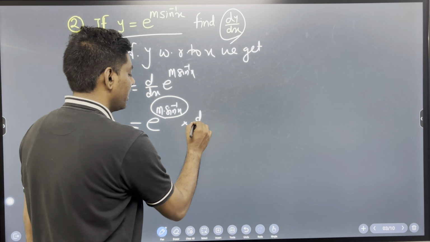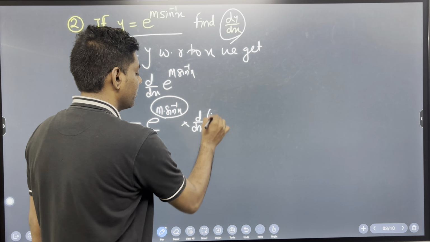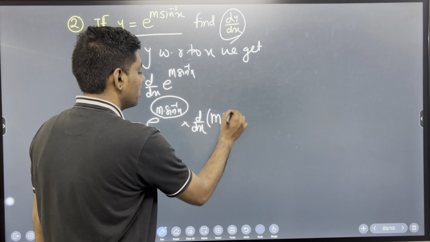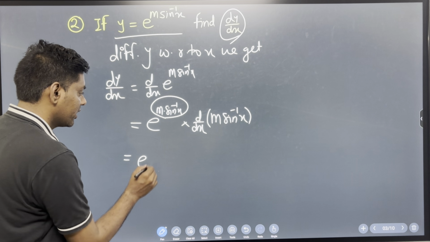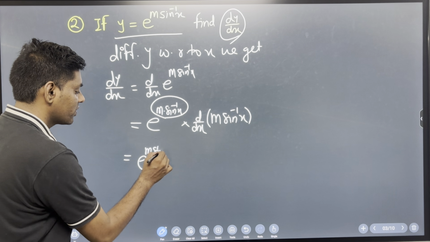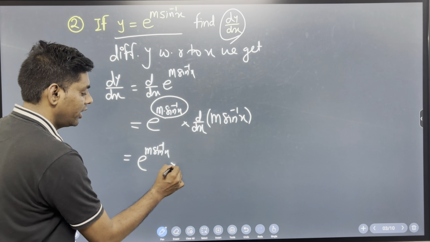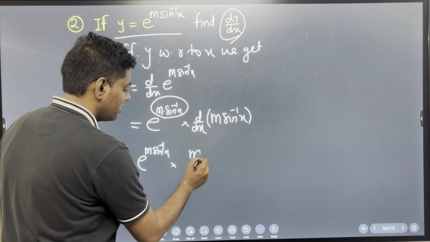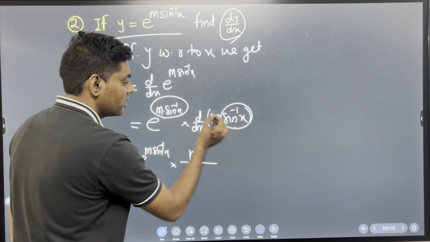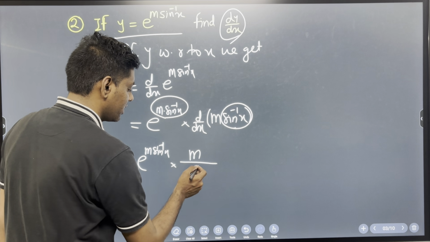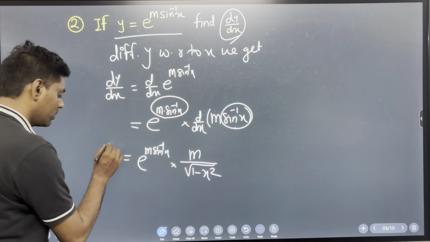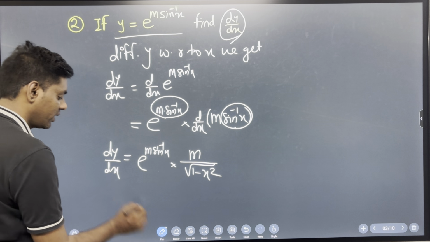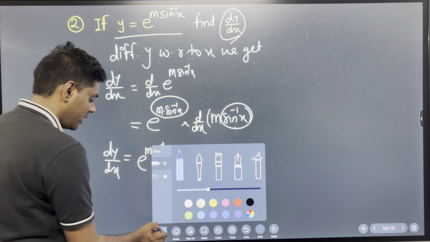What is the derivative of m into sine inverse x? m is a constant, so only sine inverse x remains. So write e raised to m into sine inverse of x as it is, into the derivative of sine inverse x, since m is a constant. And the derivative of sine inverse x is 1 upon under root of 1 minus x square. Now this is the final solution of the given example. It's very easy.